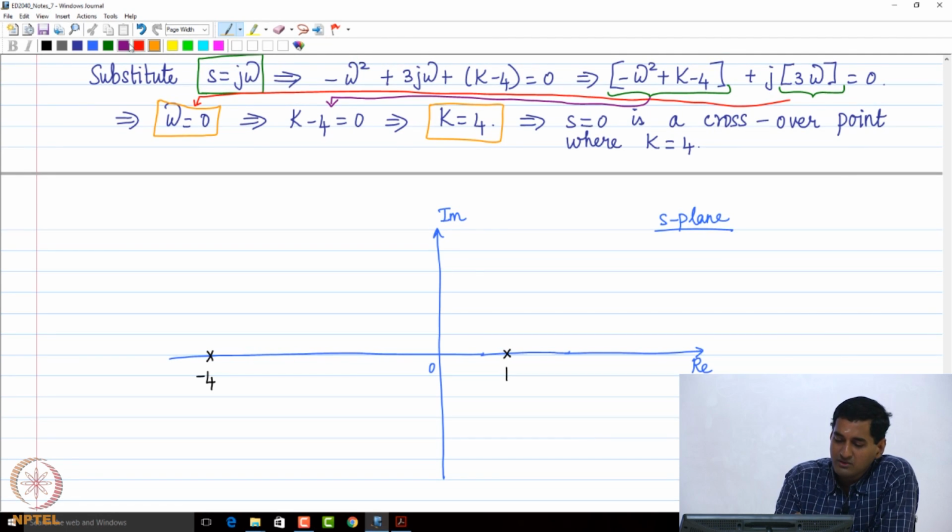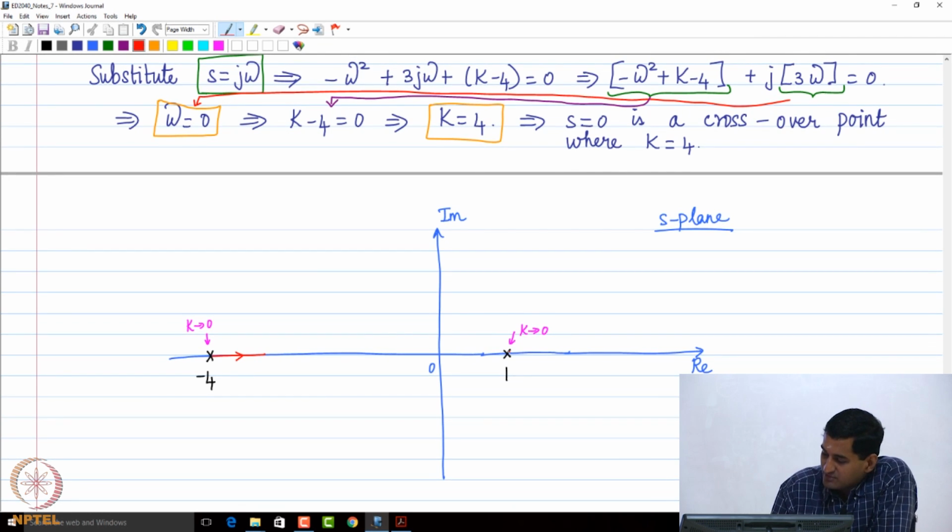So, we already know that one branch of the root locus is going to start from -4. We are always going to have the root locus start at an open loop pole as k tends to 0.